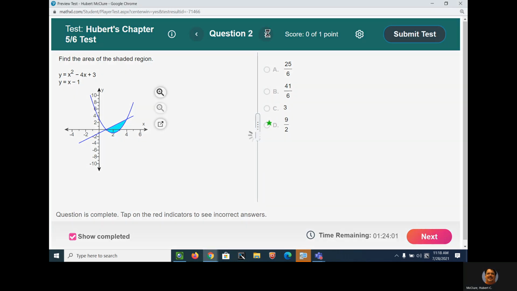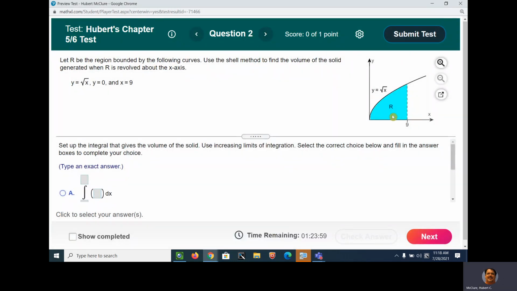Next. Same type of question, except you don't have to worry about subtracting because y equal to 0 is the x-axis. So square root of x minus 0 is square root of x. So you just have to go from 0 to 9 of the square root of x, which is x to the 1/2.